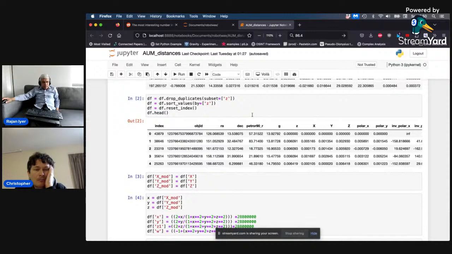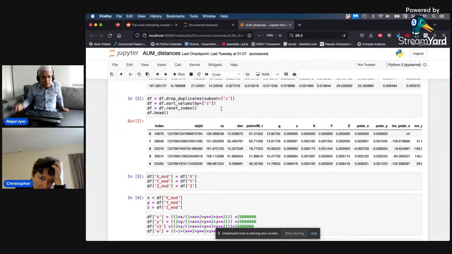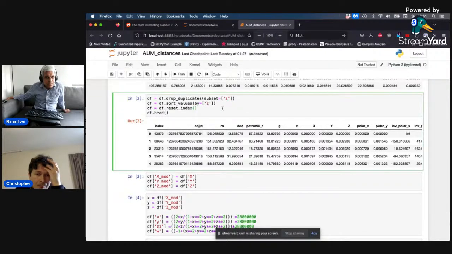To start with, we drop duplicates and we sort the values. This is meant to put all the galaxies in order of Z redshift, so basically we just have a straight line of galaxies going out.